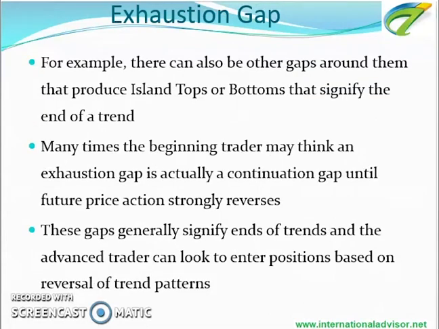For example, there can also be other gaps around them that produce island tops or bottoms that signify the end of a trade. Many times the beginning trader thinks an exhaustion gap is actually a continuation gap, and apparently it looks like it, until price action strongly reverses.